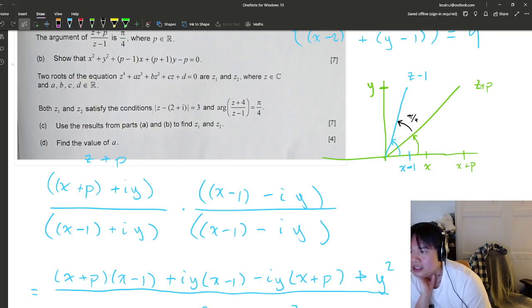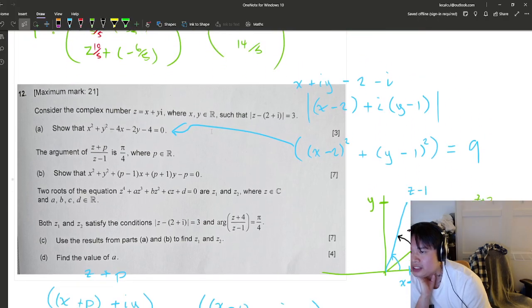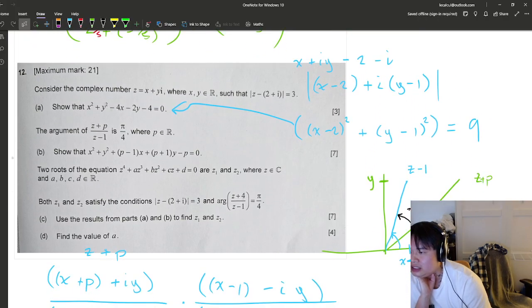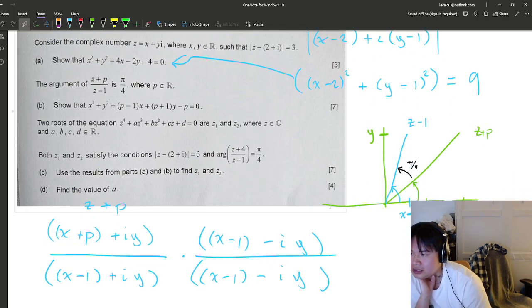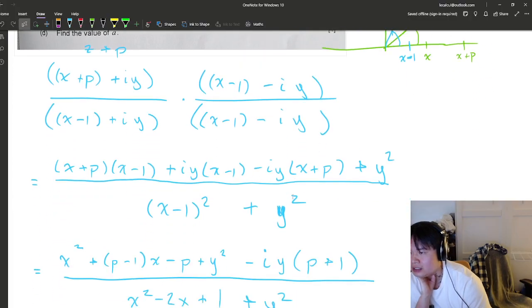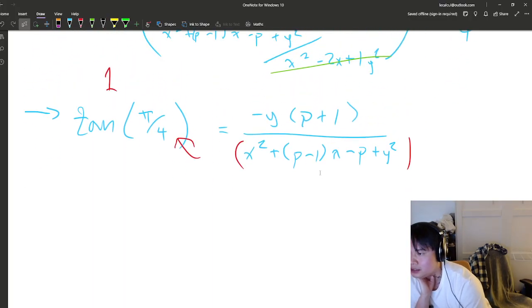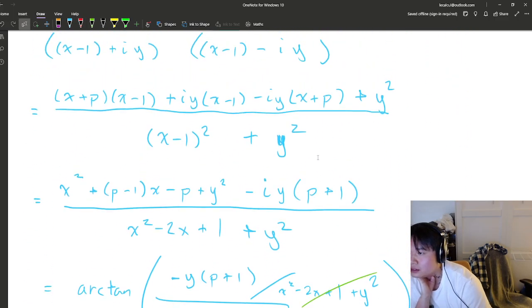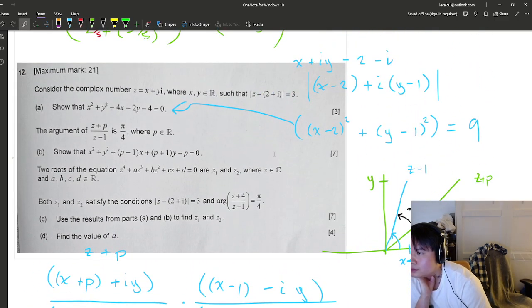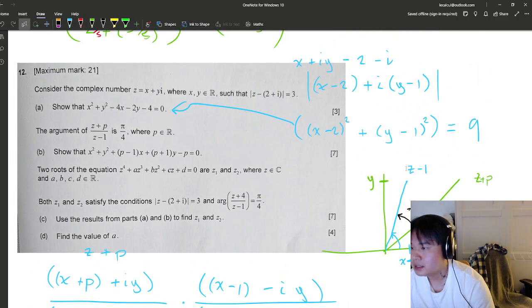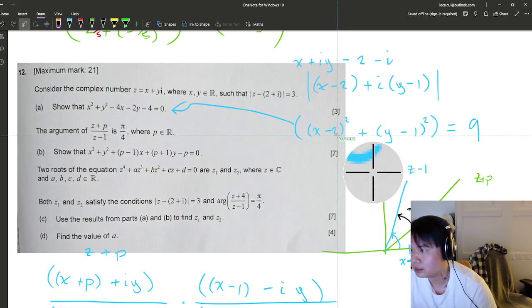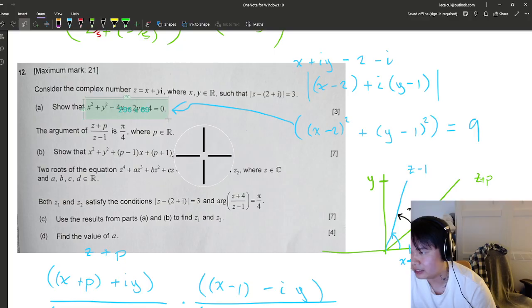Okay, Z1 and Z2 satisfy these conditions here. Use the results from part A and B to find Z1 and Z2. Okay, hold on. I need to copy these down.